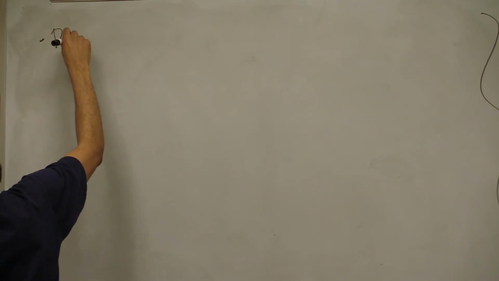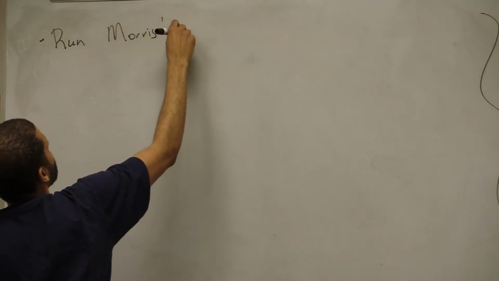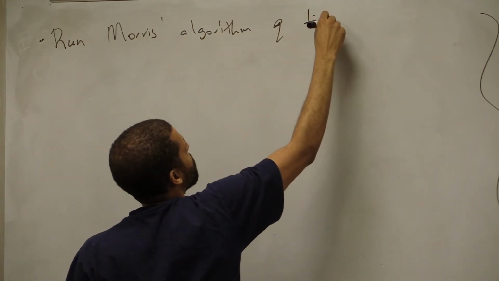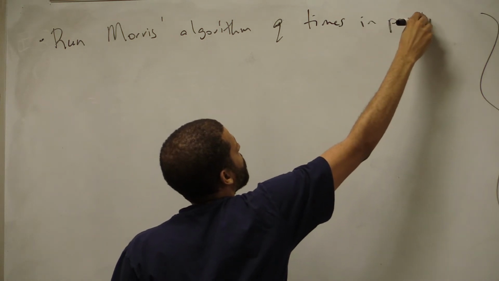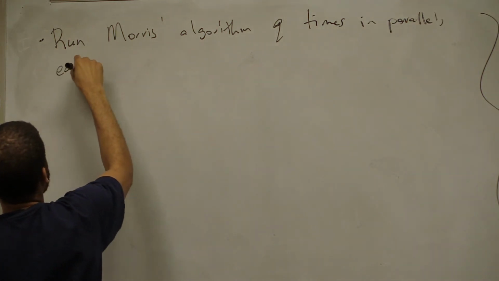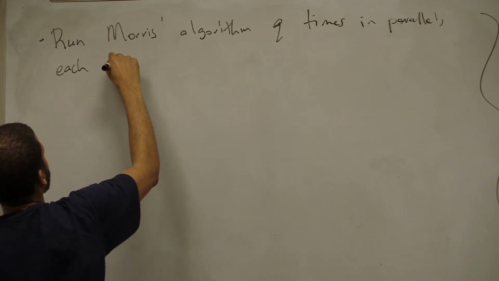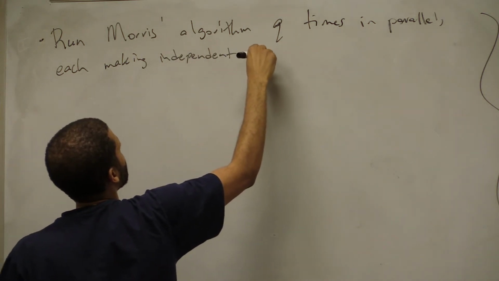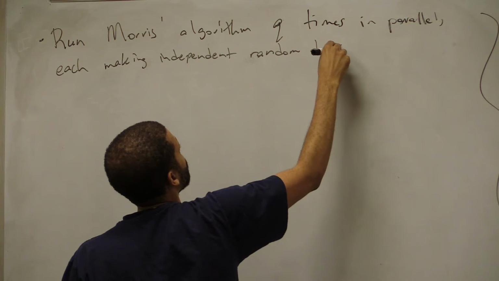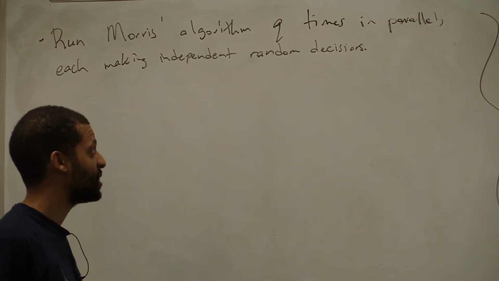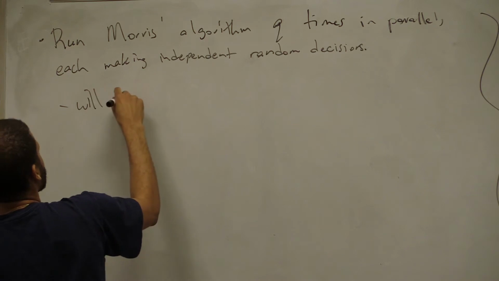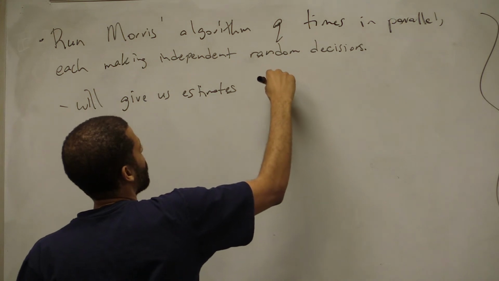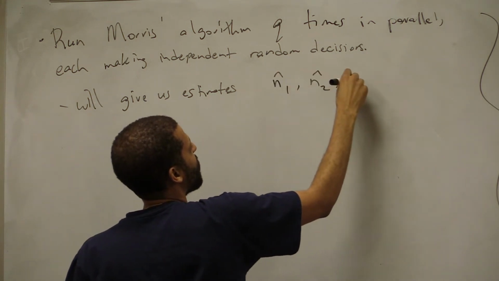So what we'll do is we'll run Morris's algorithm q times in parallel, each making independent random decisions. This will give us estimates n1 hat, n2 hat, up to nq hat.